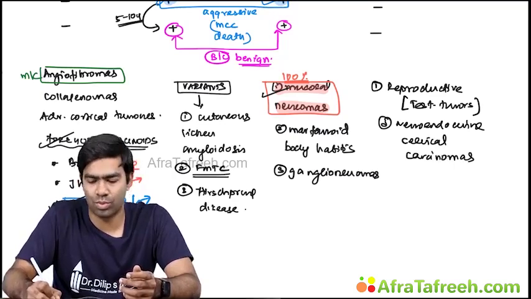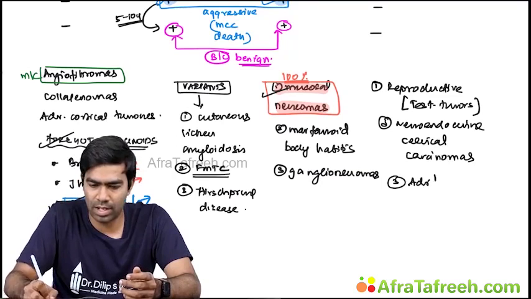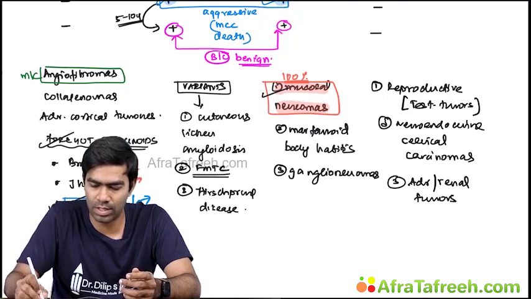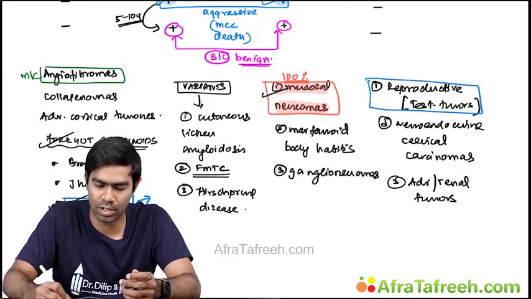They can also develop adrenal and renal tumors, rarely. But these reproductive organ tumors, the testicular tumors, are a very commonly tested area in the exam as well.